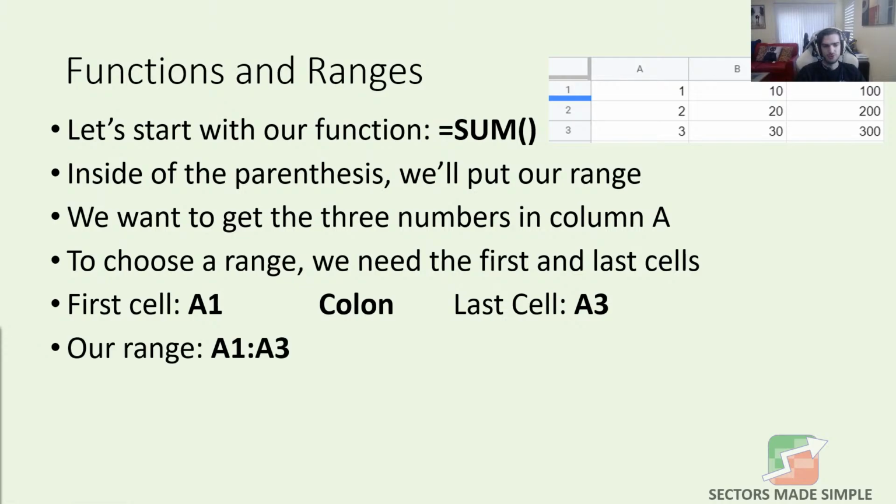So our range would be A1 colon A3. Our formula would look like this: equals sum. That's telling it we're adding things together. What are we adding? Everything between A1 and A3. So it would do A1 plus A2 plus A3 and give us the answer 6.